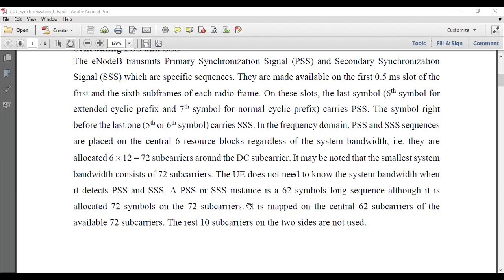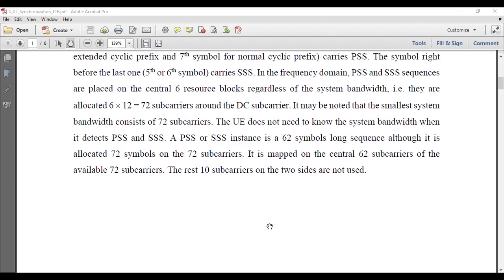So for PSS and SSS, what you occupy in frequency is made equal to the smallest bandwidth. This is to make sure that it fits in all possible bandwidths, although it occupies the whole bandwidth in the minimum case.